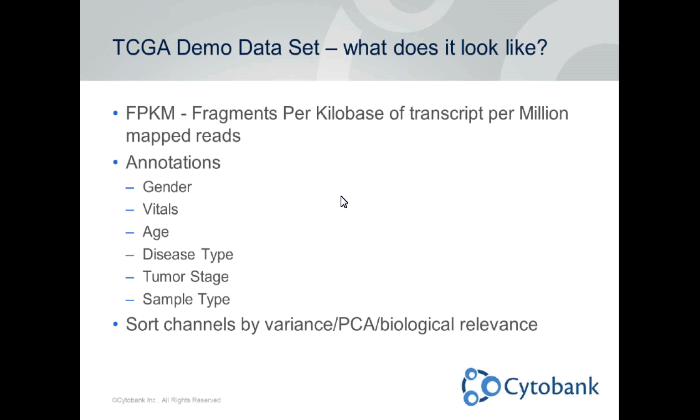And you can do this a couple different ways. For this particular data set, we just sorted by variance. And what that got us, I think, is the 806 most variable genes in this data set. And then we used those in our advanced analyses.